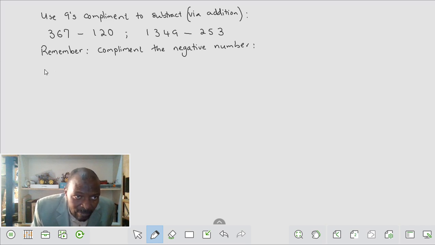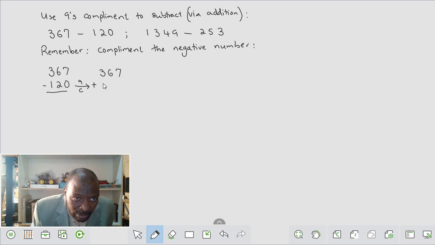So let's start with the first example. 367 minus 120. And what are we using? We're using 9's complement, and the moment you say it's negative, we complement. The top number is positive, we do nothing to it. The bottom number we complement to 9's complement, so that it becomes positive.